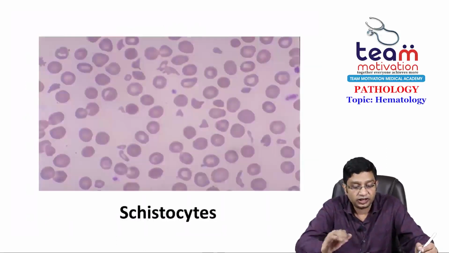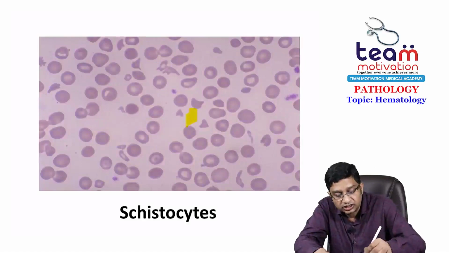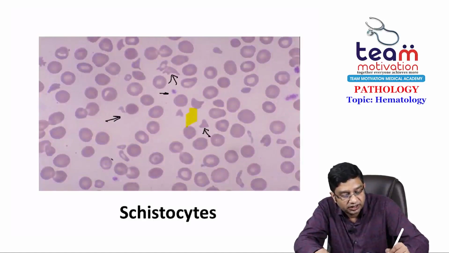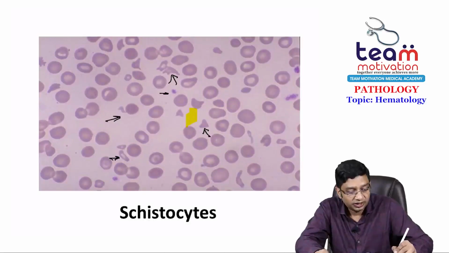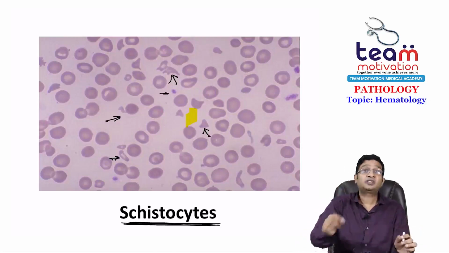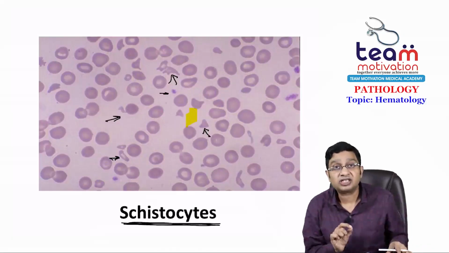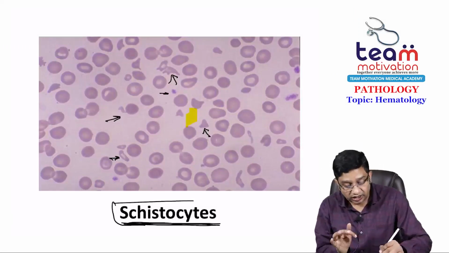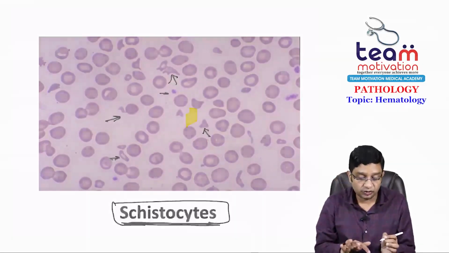Now these cells, if you can appreciate here, are fragmented RBCs, and fragmented RBCs are called schistocytes. Right? Now, how can fragmented RBCs be produced?